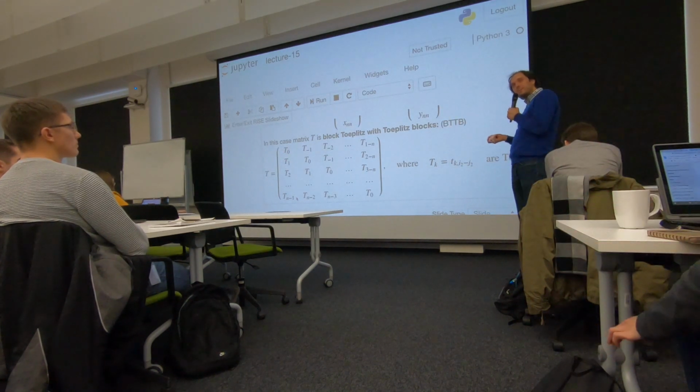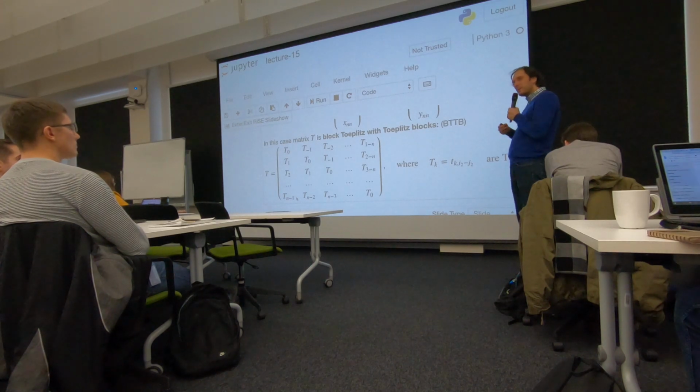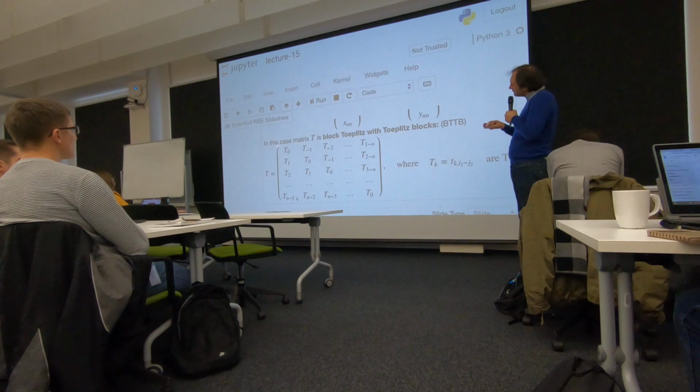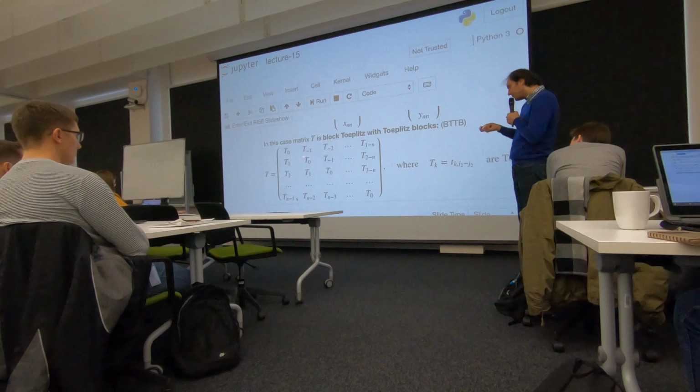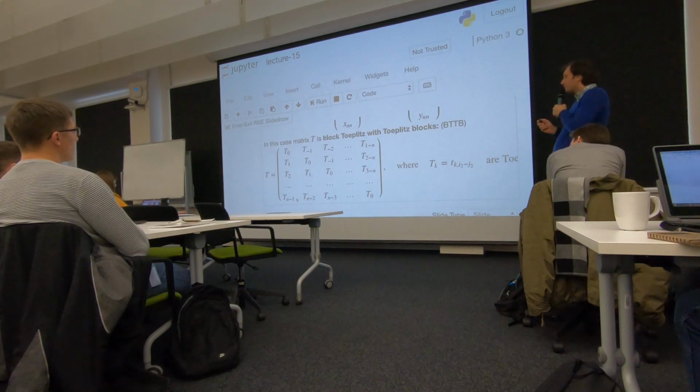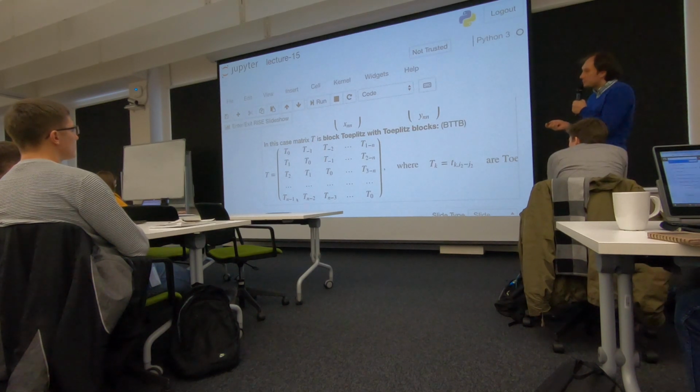So what is a block matrix? A block matrix is a matrix where the elements are also matrices. On the first level, it's a block Toeplitz matrix, meaning it has the same blocks on each block diagonal. It also has Toeplitz blocks, so each block is also Toeplitz.